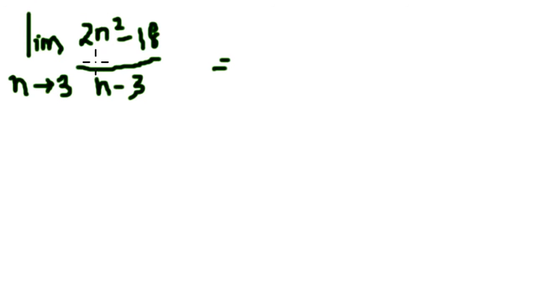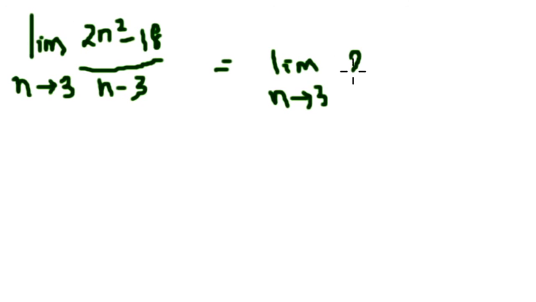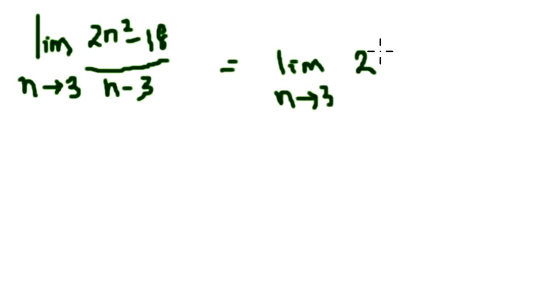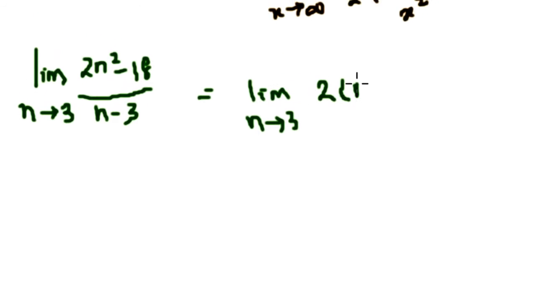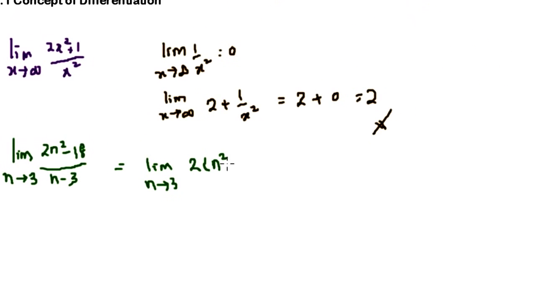What you have to do is to change the improper fractions into proper fractions. What I mean by proper fractions is to rewrite the fractions to a simpler form. So take 2 out as a factor, to give 2 times n to the power of 2 minus 9, correct?